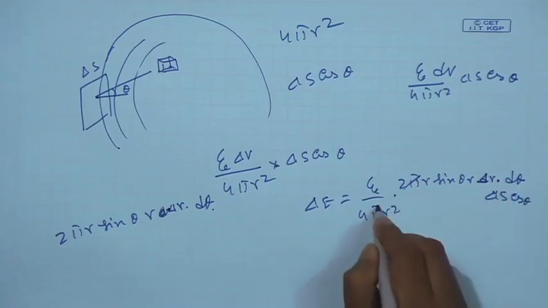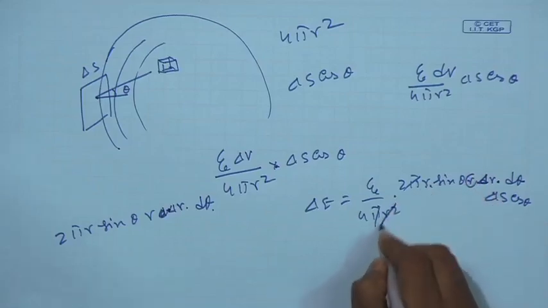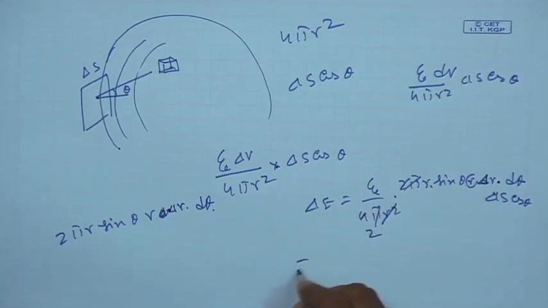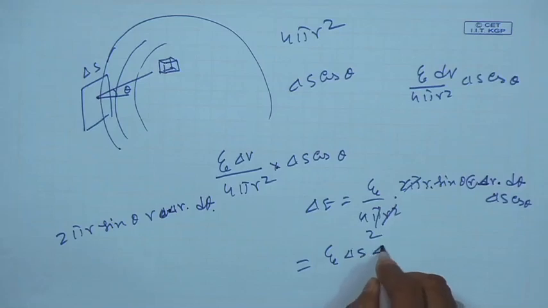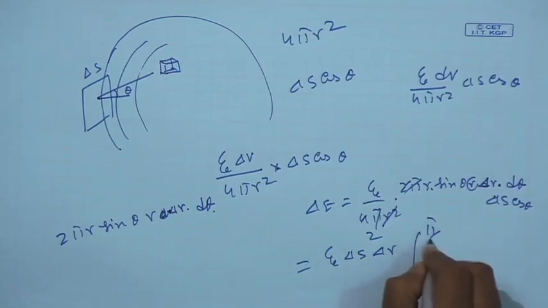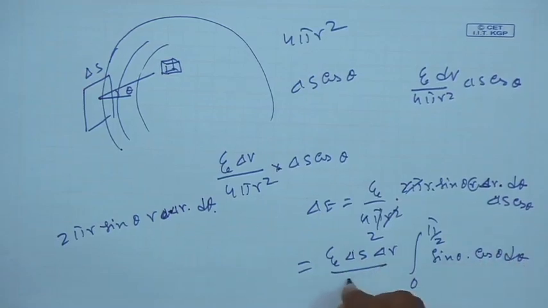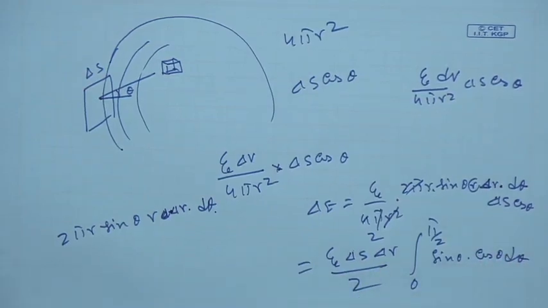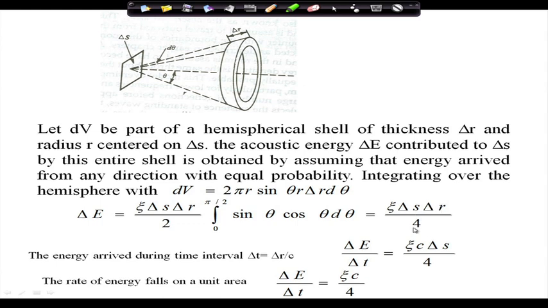So, 2 pi cancels, pi cancels, r and r make r square which cancels, and 2 by 2. So, it is nothing but psi into del S into del r, integral 0 to pi by 2 of sin theta cos theta d theta, divided by 2. Now, if I do this integration, I will get psi del S del r divided by 4.